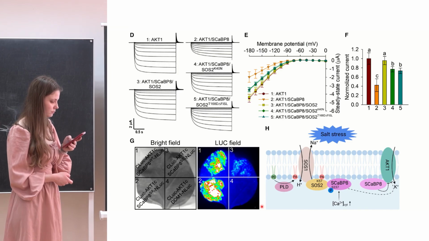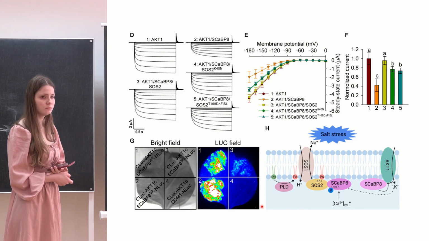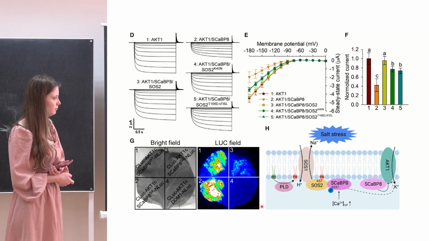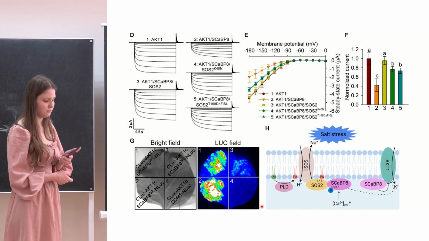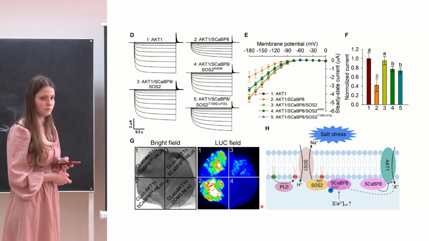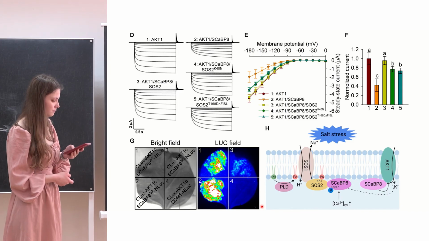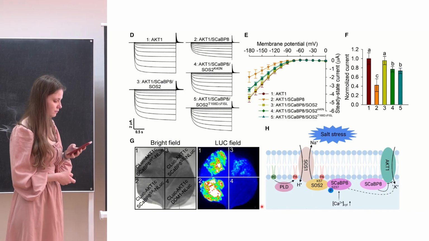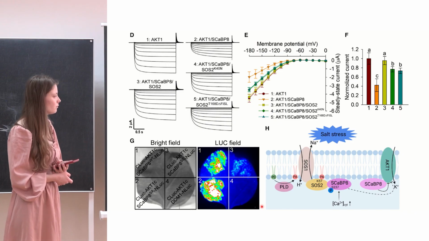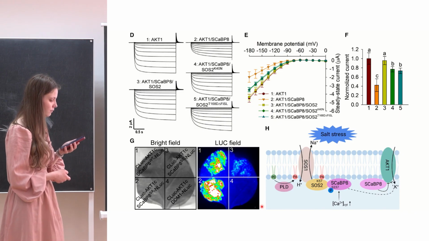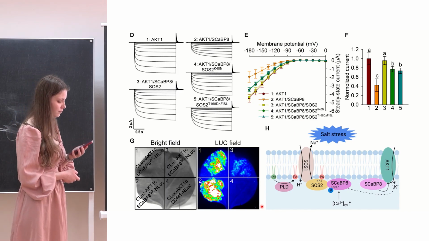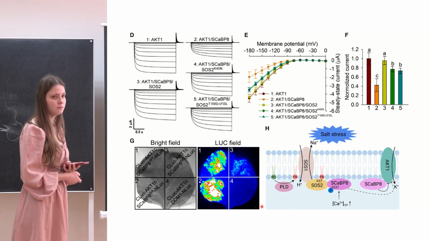Она при стимуляции фосфатидной кислотой, образующейся в результате активности фосфолипазы D, начинает работать как киназа и фосфорилирует СКПБ8, который в свою очередь ингибирует AKT1, что блокирует поток калия в клетку. Также СКПБ8 регулируется концентрацией цитозольного кальция.